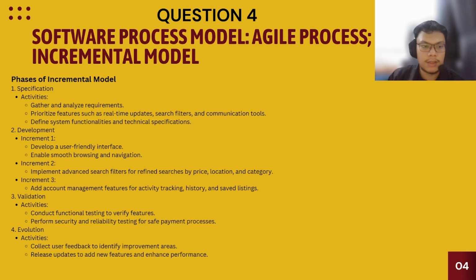For the validation, conduct functional testing to verify features, and perform security and reliability testing for safe payment processes. For the evaluation, collect user feedback to identify improvement areas, and release updates to add new features and enhance the performance.